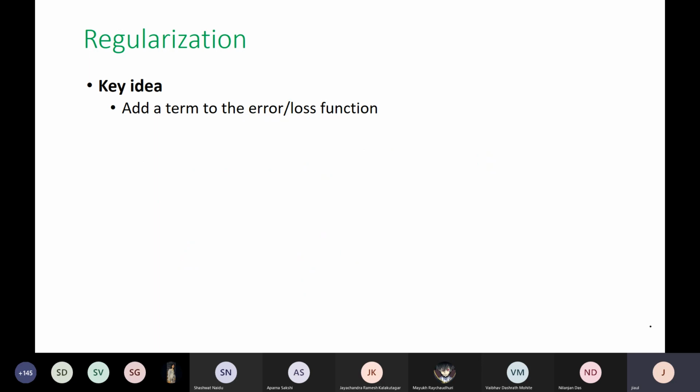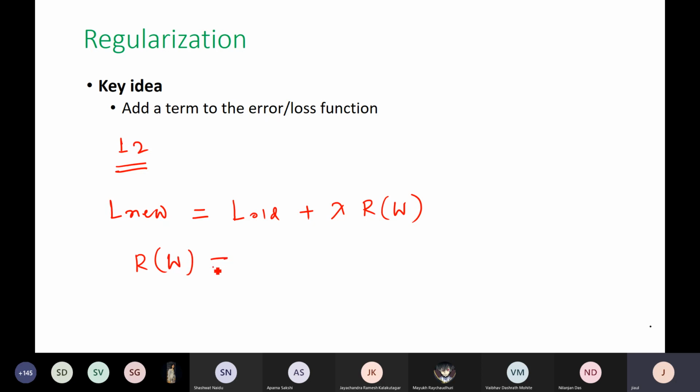Now, another common thing, you also probably know it, is called L2 regularization. It is a kind of smooth version of the previous one. So in L2, what do we have? L_new is equal to L_old plus again lambda R(W), and in this case R(W) is going to be the sum of squares.